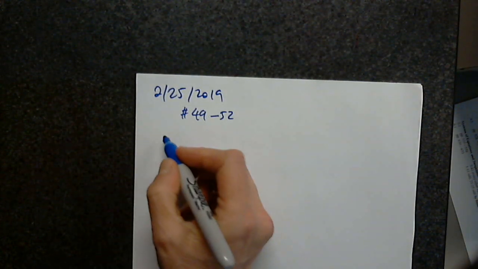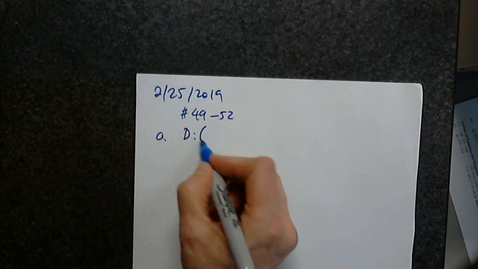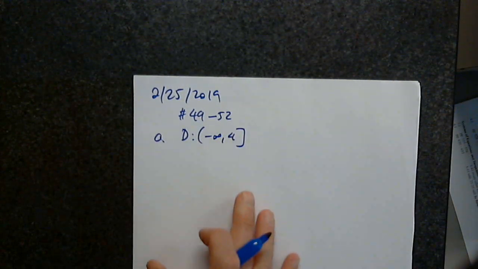Okay, so now let's write all these answers. In part A, the domain was -infinity to 4.